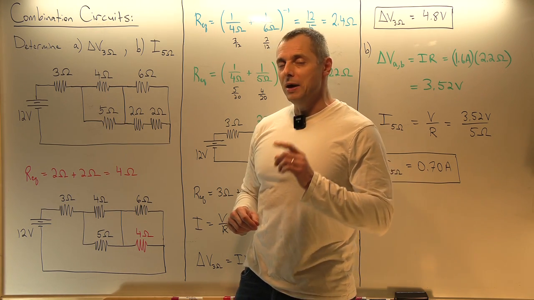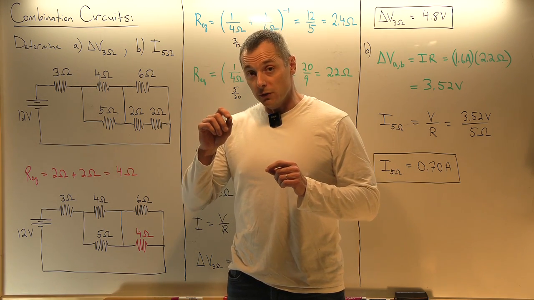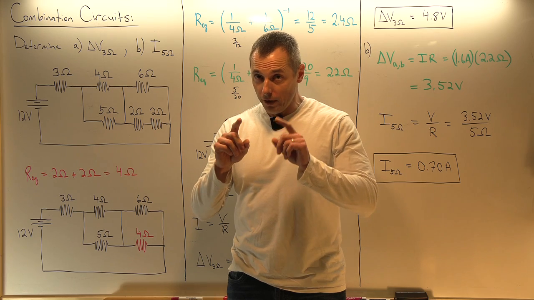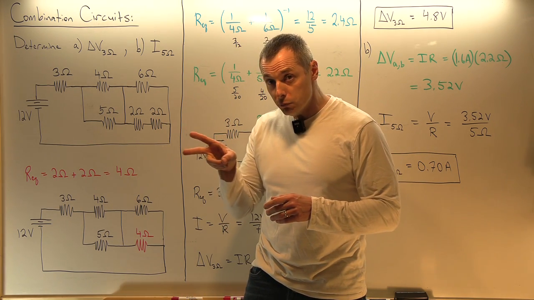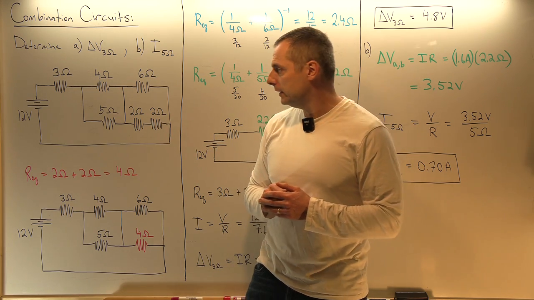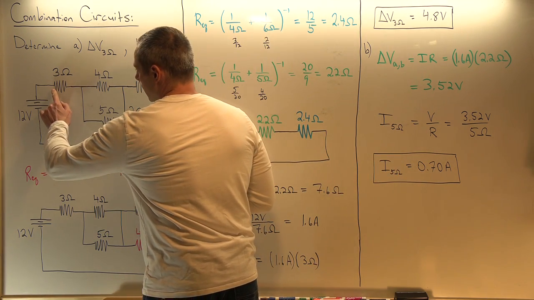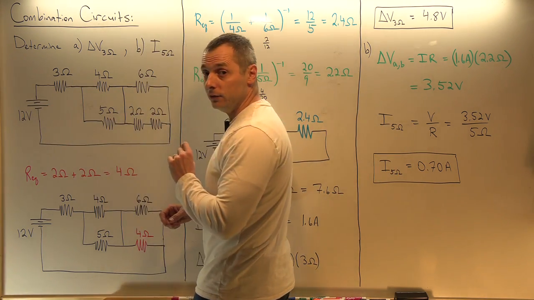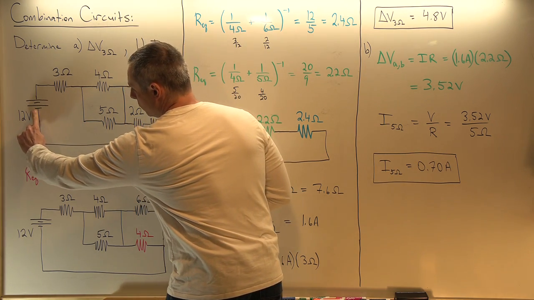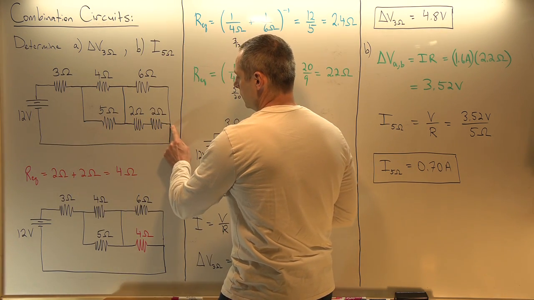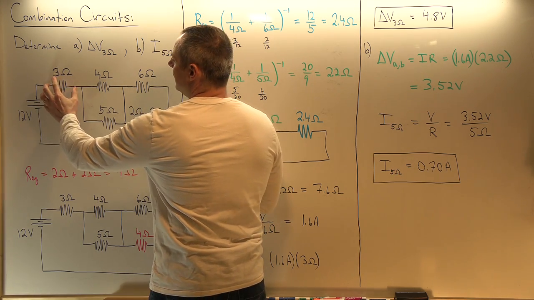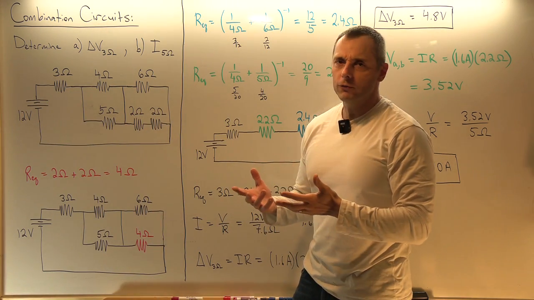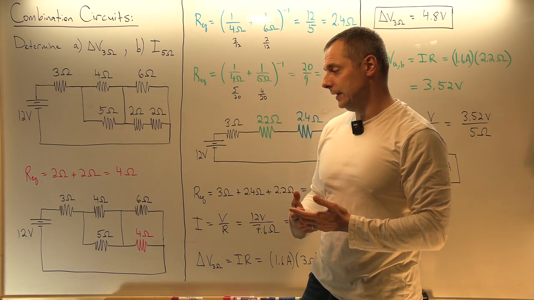Remember, I've said this many times in this course, voltage is between 2 points, or in the case of an electrical appliance, it's between the 2 prongs that you plug into the outlet. So yes, this 3 ohm is connected to one side of 12 volts, but the other side of 12 volts is here. And so 12 volts is from here to here. This only gets a part, like maybe 4 volts or something. We have to calculate it.